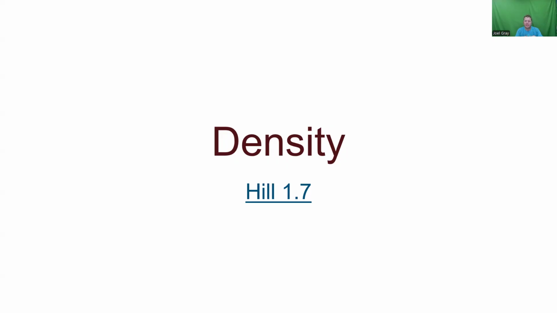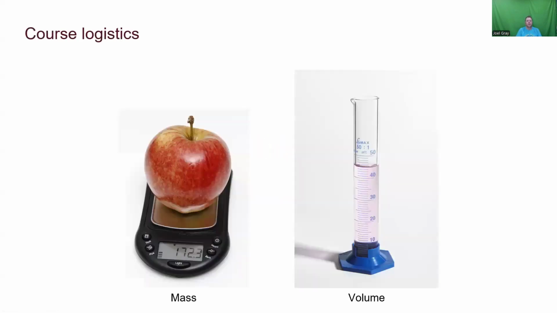So if we assume that the volume is the same, but the mass is different, that means the density is going to be different between these two objects. I always try to think about something that's nearby because it makes the idea of density a little bit more tangible.